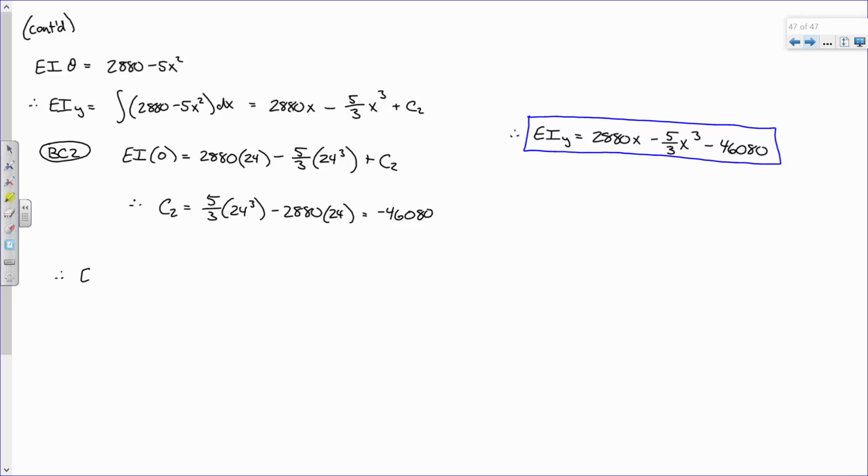So EIy max is going to be 2880 times 0 minus 5/3 times 0 cubed minus 46080, which equals minus 46080. Why the minus? Because it's going down. So, pretty simple.